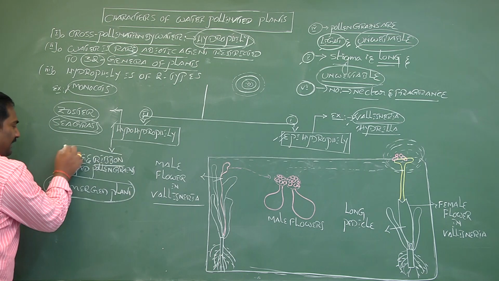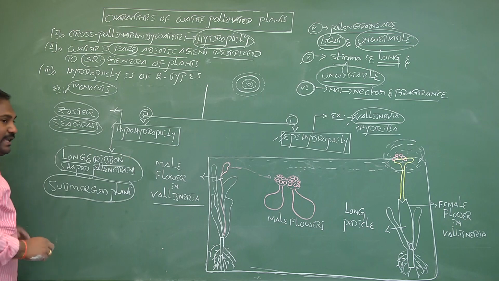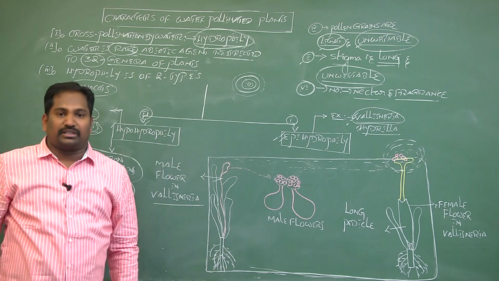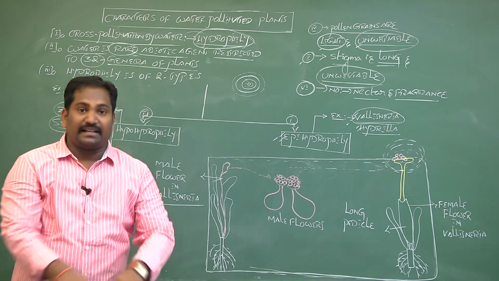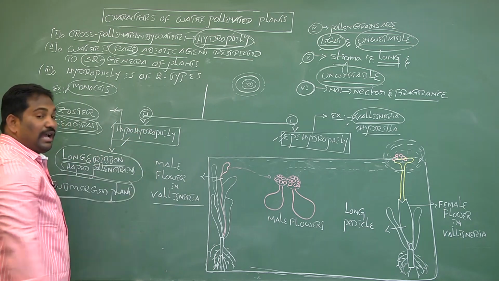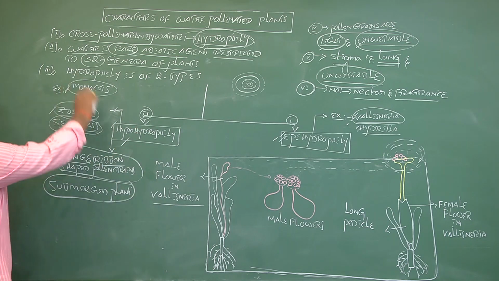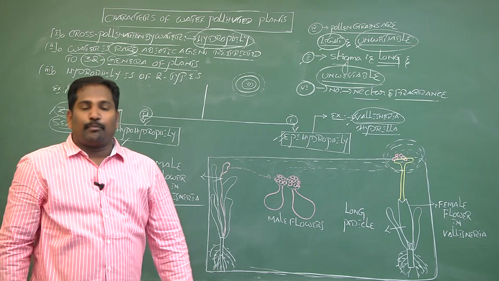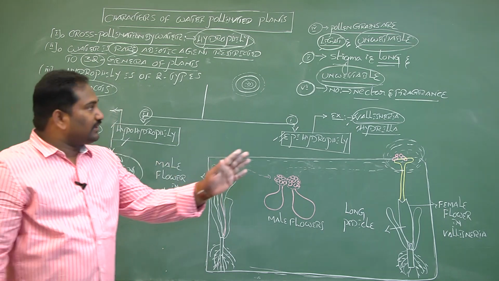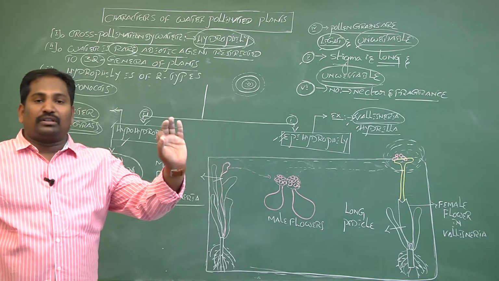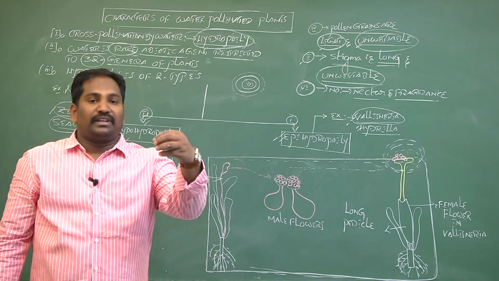Because of the long and ribbon shaped pollen grains, whenever they are suspended inside the water, the pollination takes place inside the water. Such a phenomenon is called hypohydrophily. Example, Zostera, commonly called seagrass. These are the characteristic features of water pollinated plants or hydrophilous plants.